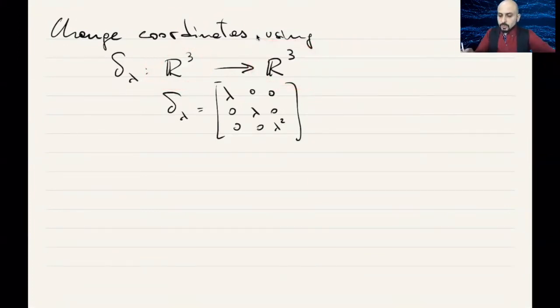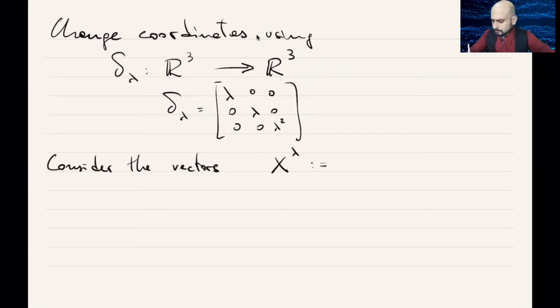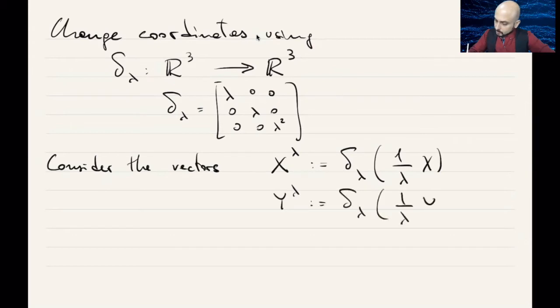Now I will consider other coordinates, so other vectors. Consider the vectors x lambda to be delta lambda of 1/lambda x, y lambda to be delta lambda of 1/lambda y, and z lambda to be delta lambda of 1/lambda z.